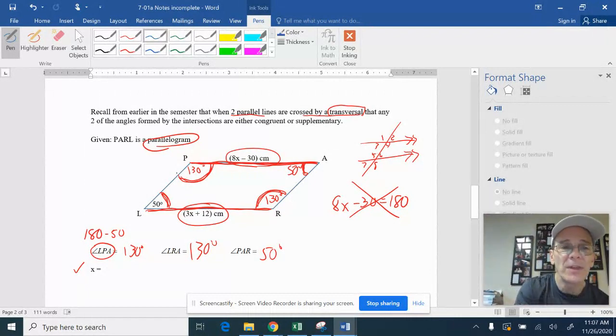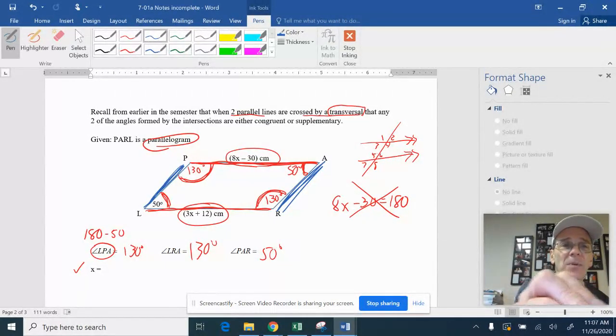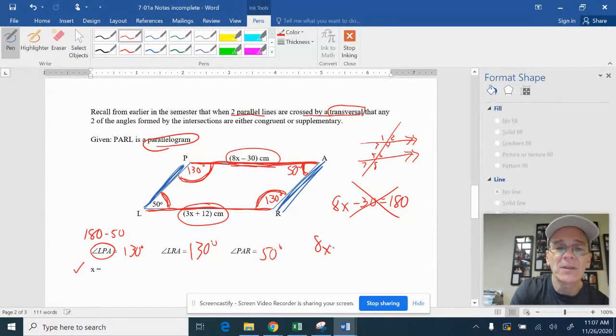Same with these two sides. Don't those two sides look like they are the same length as each other? So the correct equation to set up here would be that this 8x minus 30 equals this 3x plus 12.